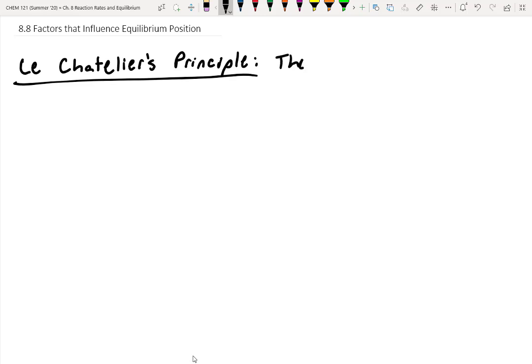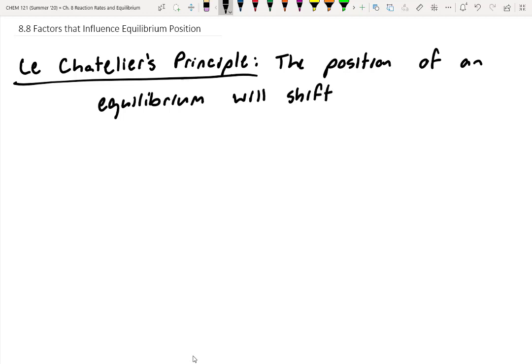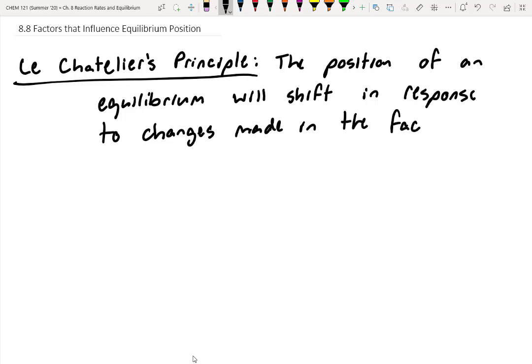It says that the position of the equilibrium will shift in response to changes made in the factors of the equilibrium.